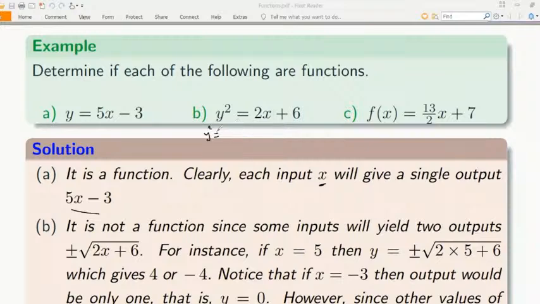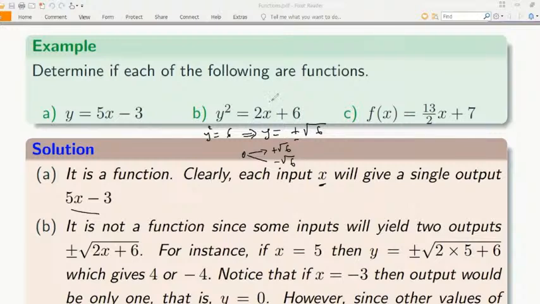Then I would have that y squared would be 6. So y would be plus or minus the square root of 6. That means the input of x that I put, which was 0, has two images. One of the images is positive root 6, and the other is negative root 6. So this single object has two images.